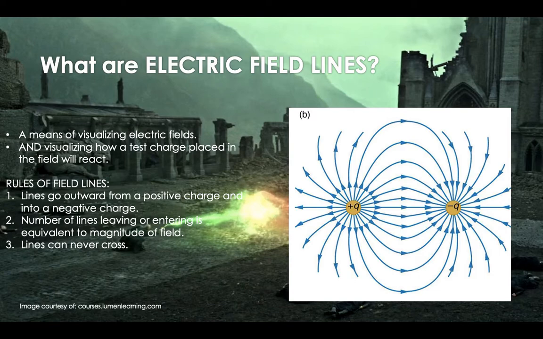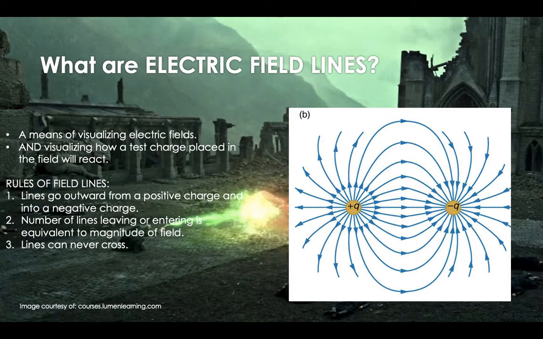Number one is that the lines go outward from a positive test charge and go into a negative test charge. Number two, the number of field lines leaving or entering is equivalent to the magnitude of the field. We'll see that on the next slide, but basically it means the more lines going into or coming out of your charged object, the stronger the electric field.